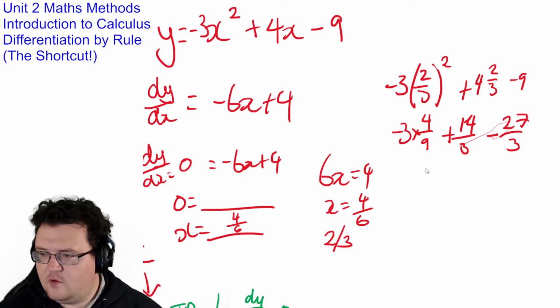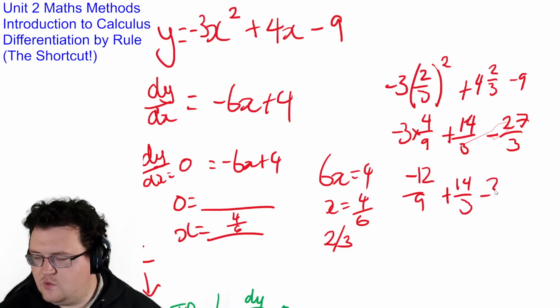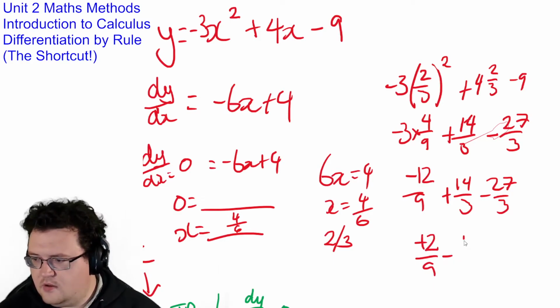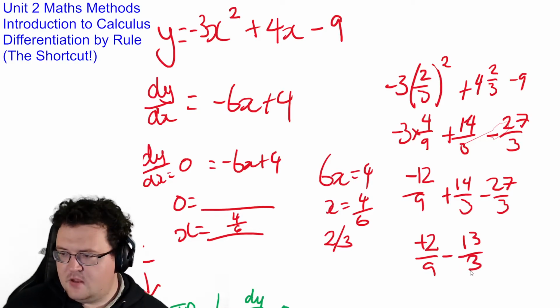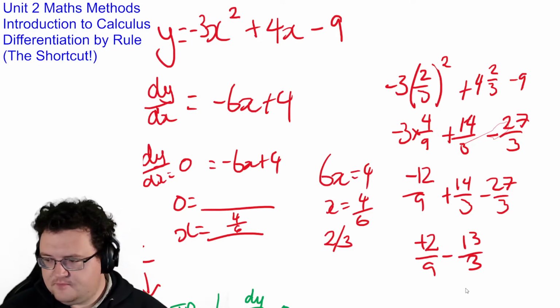Minus 3 times 4 over 9 is minus 12 over 9. Plus 14 over 3 minus 27 over 3. That's minus 12 over 9. Minus 13 over 3. Because 14 minus 27 is minus 13. Times top and bottom by 3 to get into thirds.